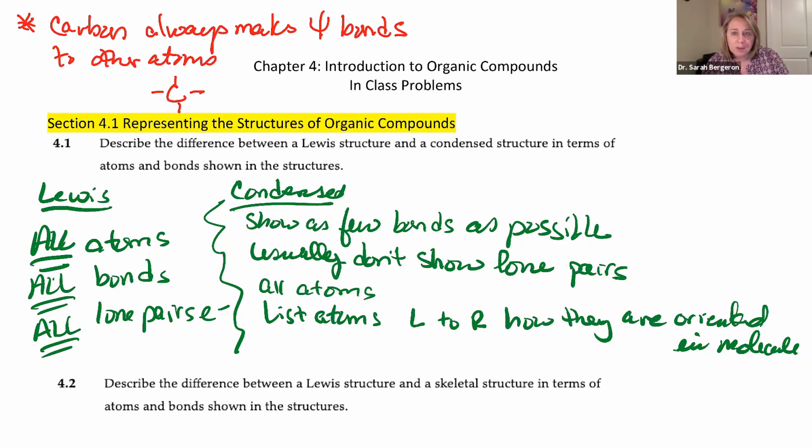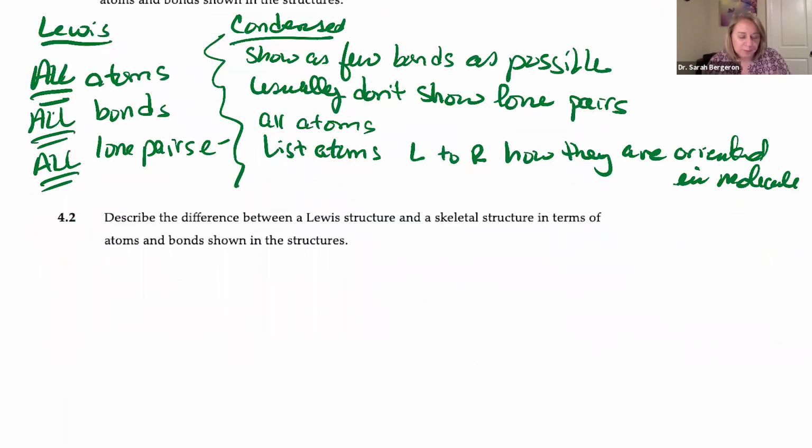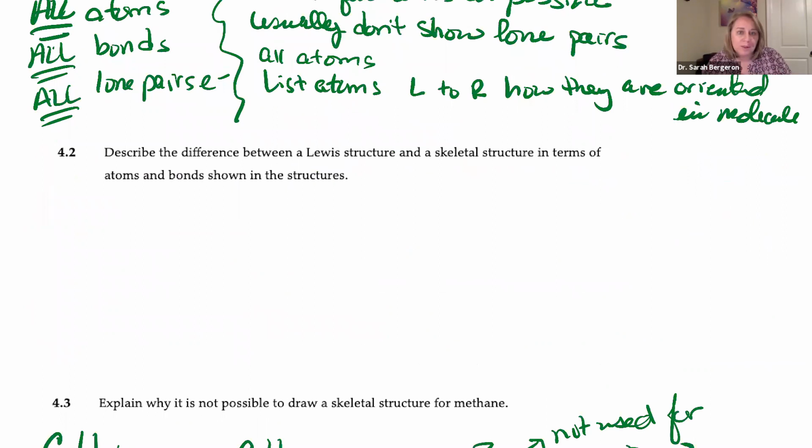Oxygen, on the other hand, will be uncharged if it has 2 bonds and 2 lone pairs. So just remember that, and that's a good way to keep track of all the different things that we're going to have to draw, because we're going to have to draw a bunch of stuff.